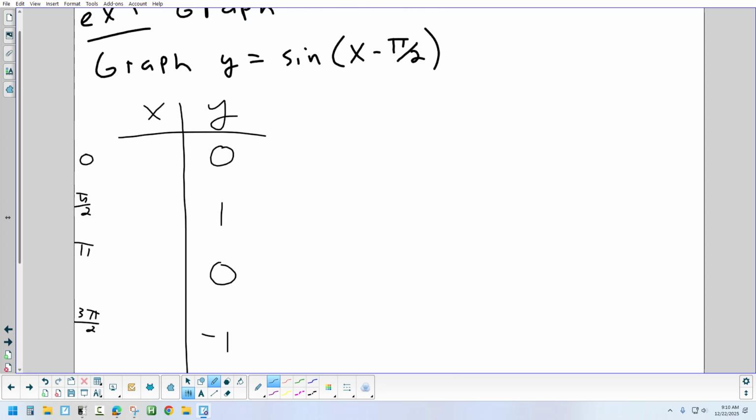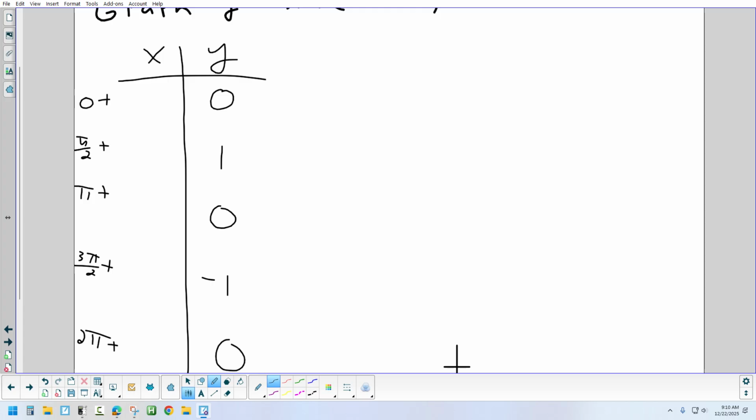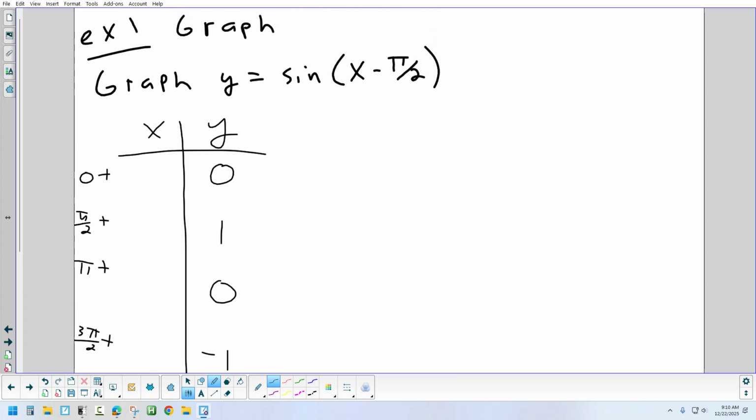So are we going to add or subtract all of them? Yeah, we're going to add. And how much are we going to shift all of them? Pi over 2. That's it.